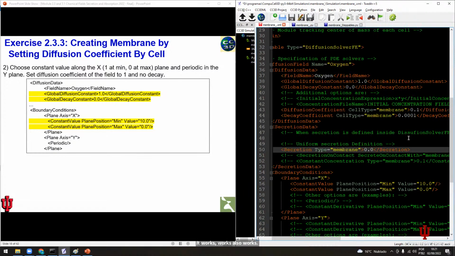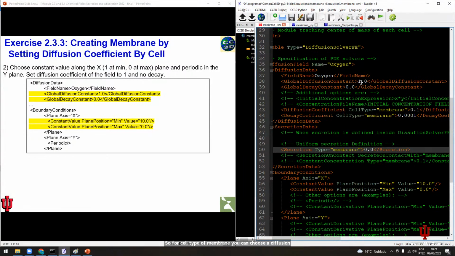And then in line 43, after global diffusion constant and global decay constant, you have the diffusion coefficient and decay coefficient for different cell types. So here is where you find the specific diffusion and decay coefficients for each cell type. For cell type membrane, you can choose a lower diffusion coefficient.